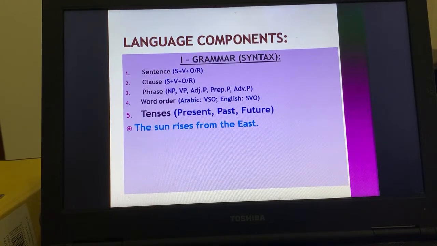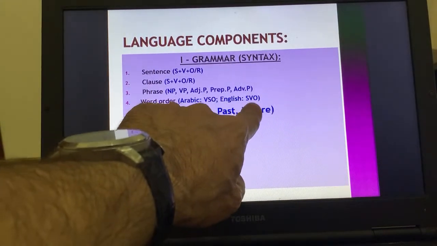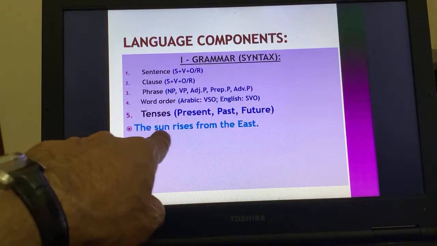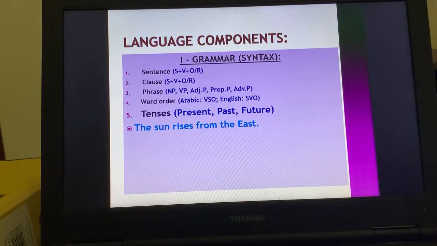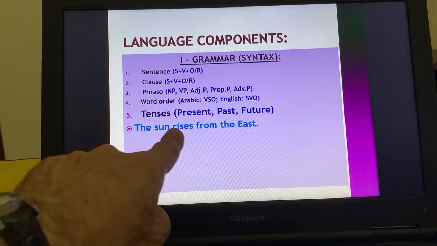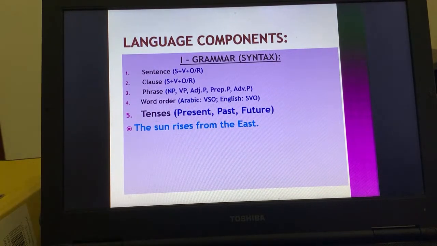And in these sentences, you look at the subject, which is the sun, and rises, تشرق, from the east, من الشرق. Of course, the subject, verb, object turns in English, as I said before, where you have the subject, verb, and the rest of the sentence. But when we are translating it, we say تشرق الشمس من الشرق أو تطلع الشمس من الشرق.